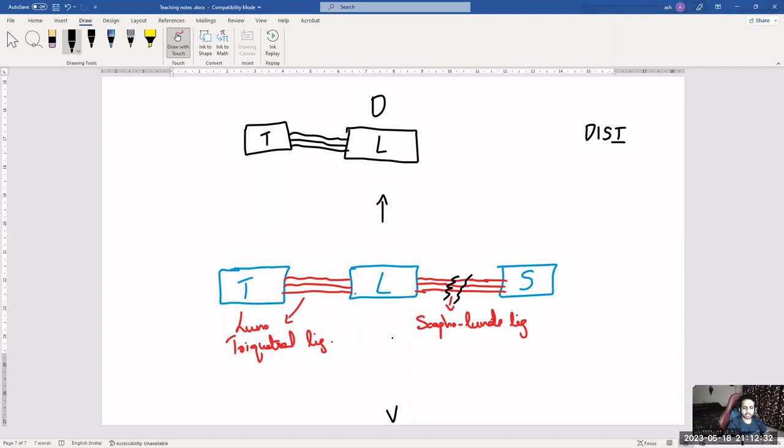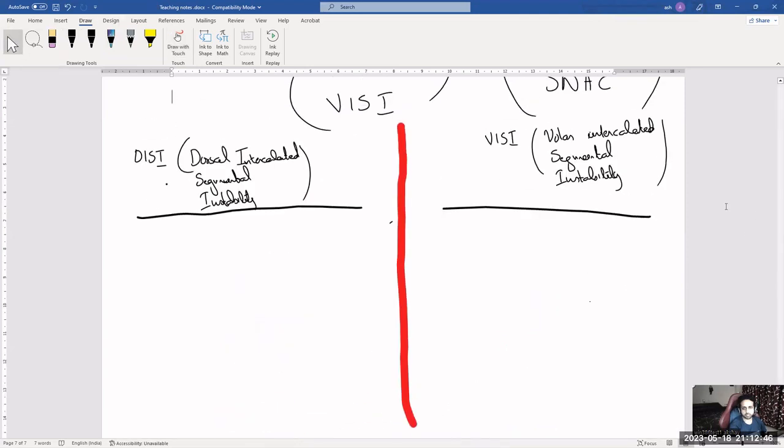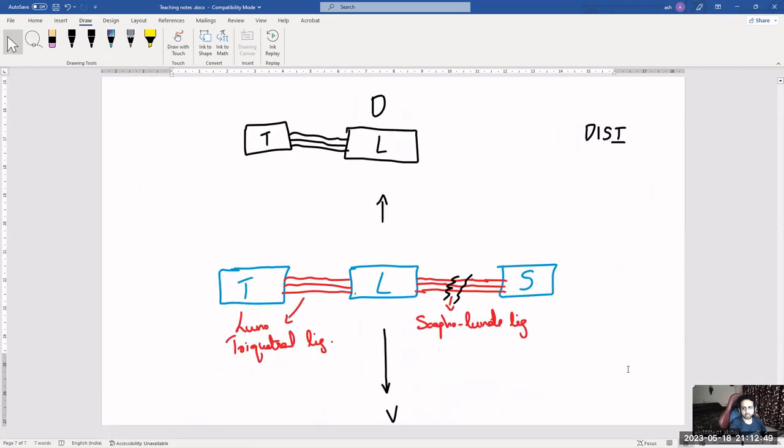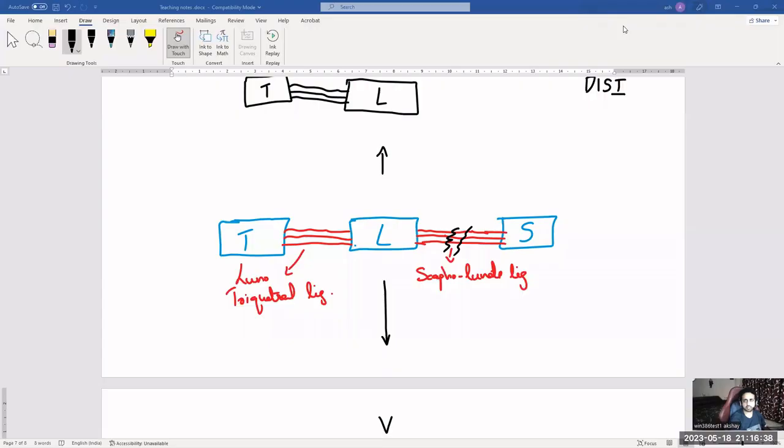And the second scenario is the lunate moving volar. So the lunate has moved volar.